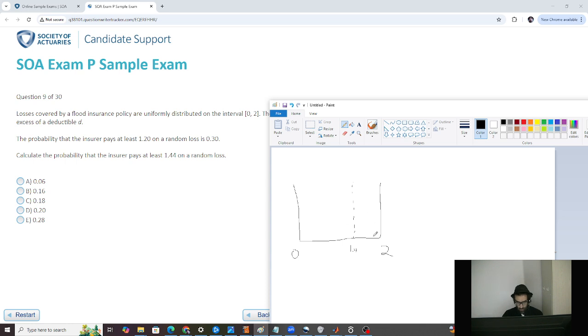There's a 30% chance of exceeding that 1.4, which means if the insurer is paying 1.2, that means the deductible must be 0.2. For the insurer to pay at least 1.44, we're looking at a 1.64. This would mean probability of paying more than that. 1.64 to 2 is a gap of 0.36 over a full width of 2 equals 0.18.